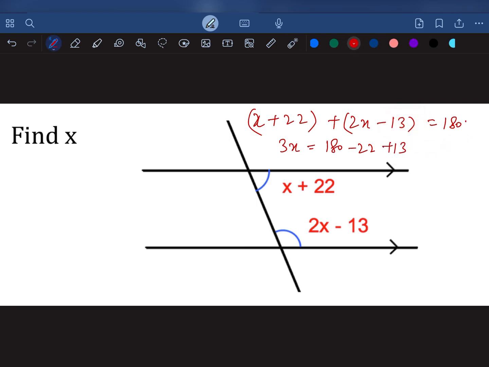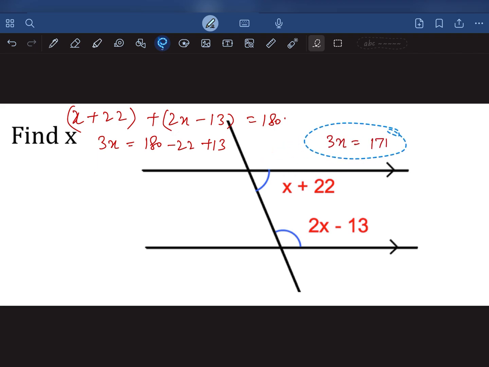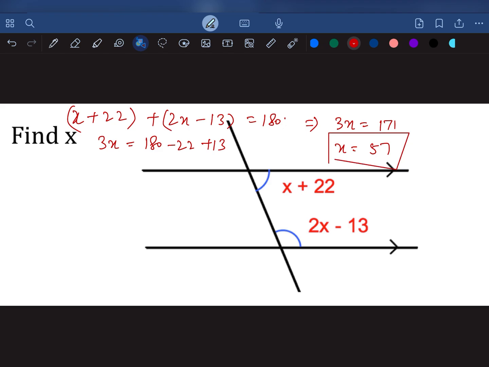So on the right side, you take away 22 from 180 and get 158. After that, you add 13 to that and you get 171. That means 3x is equal to 171. Now you can divide both sides by 3, and you will get the value of x as 57. So the answer is 57.